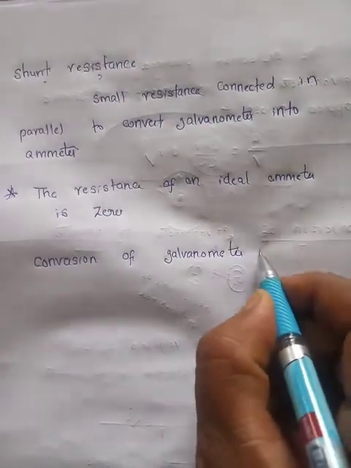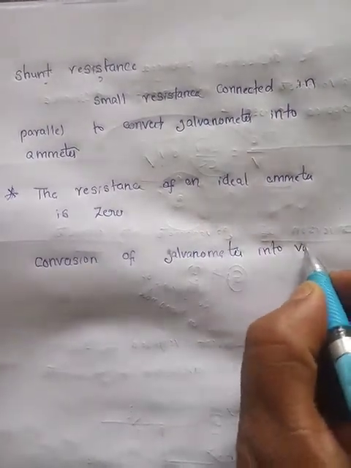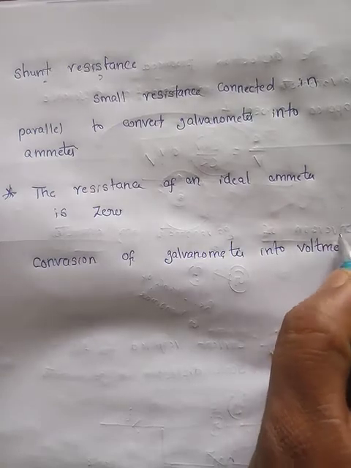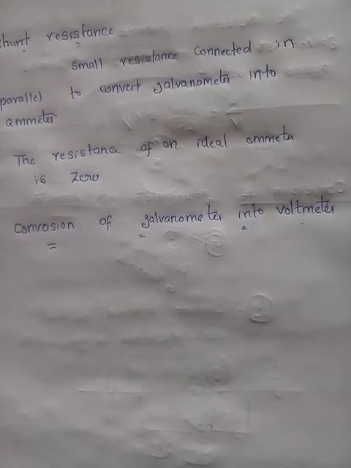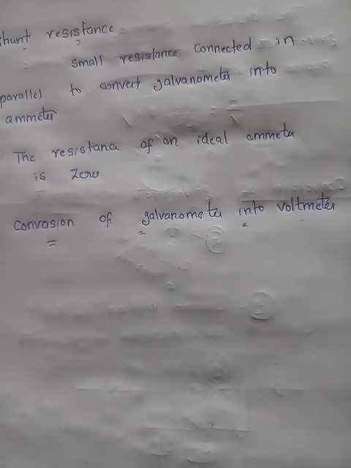Now, we can convert a galvanometer into a voltmeter. Conversion of galvanometer into voltmeter. Here, a voltmeter is a device to measure potential difference, right? An ammeter or galvanometer is a device used to measure or detect current.